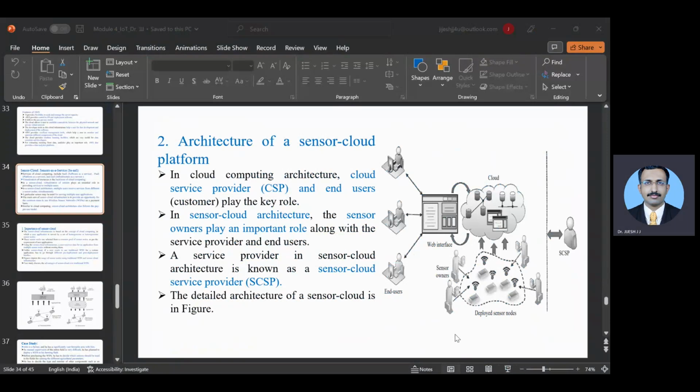Before also you have come across the end user, cloud service provider, and all those things. So the cloud computing architecture will consist of the end user as well as the cloud service provider.